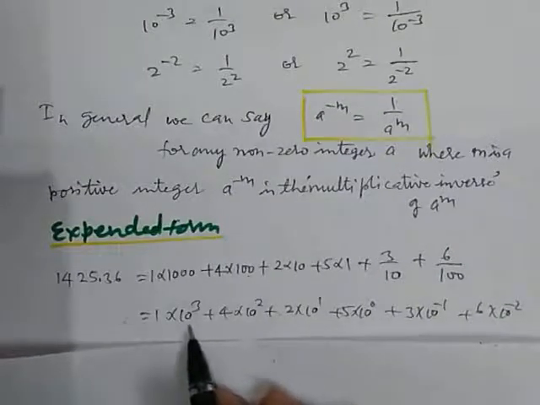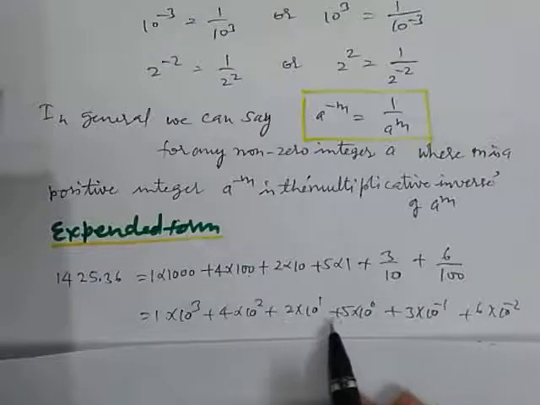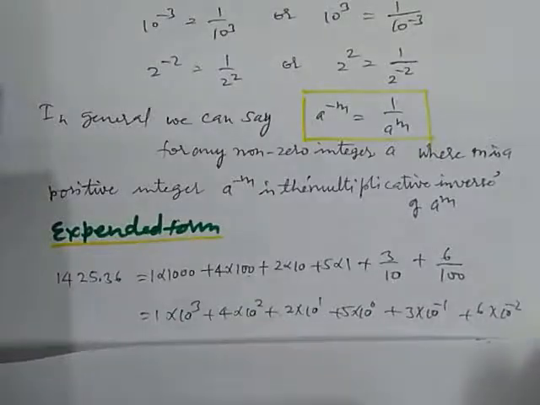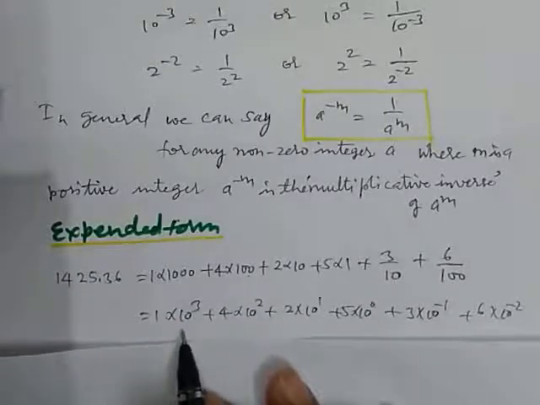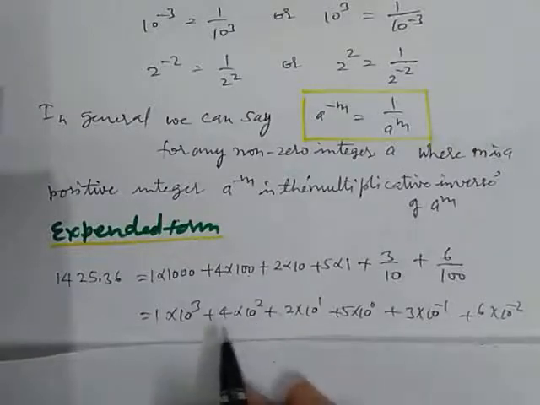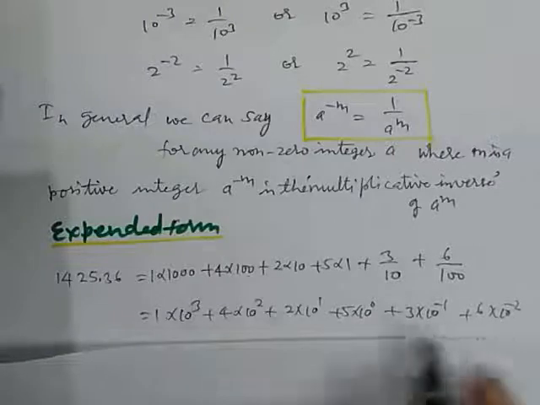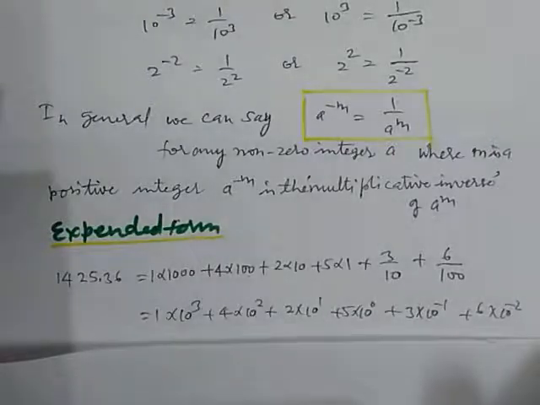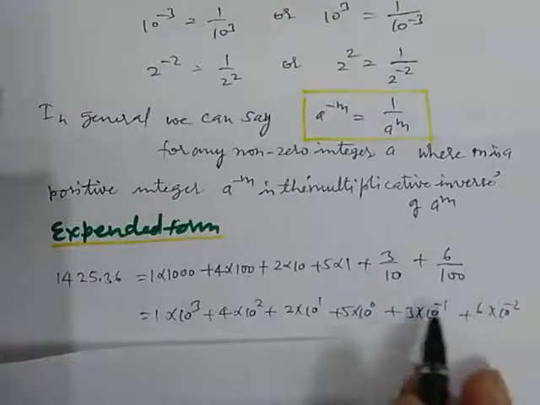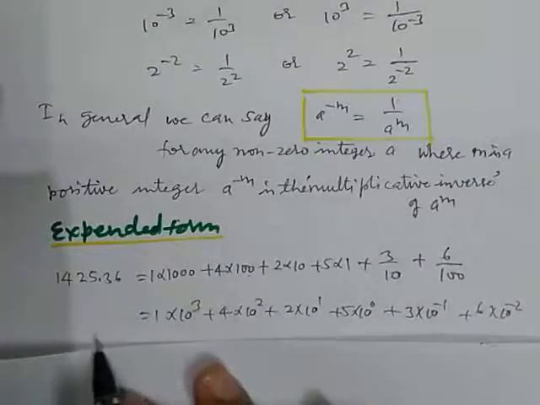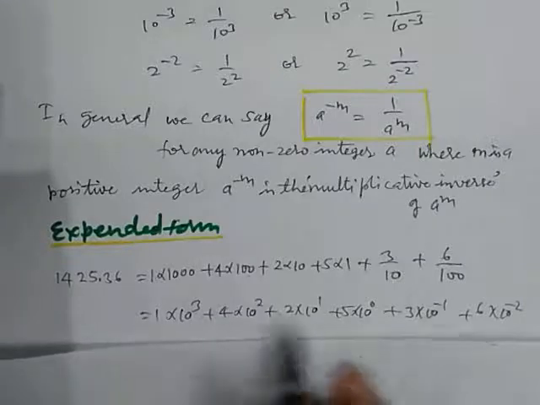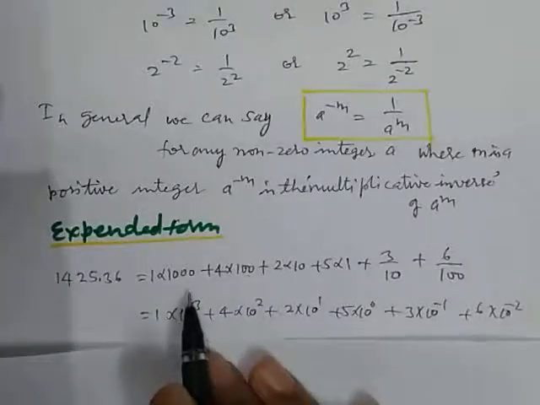So if we reduce the powers, we get the decimal system. Okay, our number system is a decimal number system, and the powers are decreasing continuously when we go to the right side, and the powers are increasing if we go to the left side. Okay, so this way we can expand any numbers.